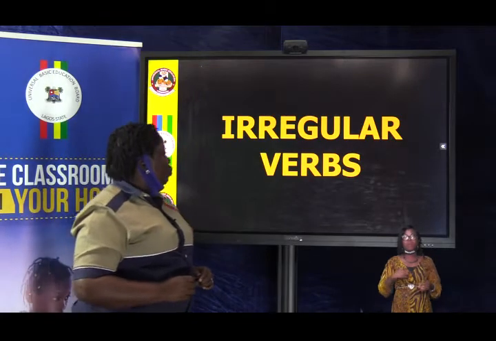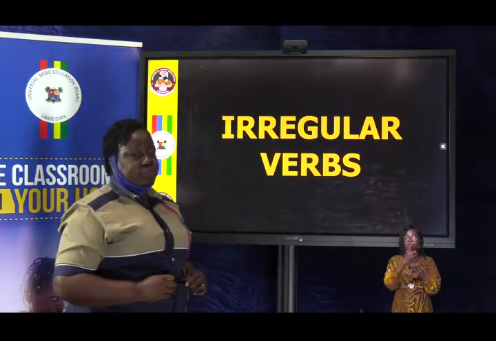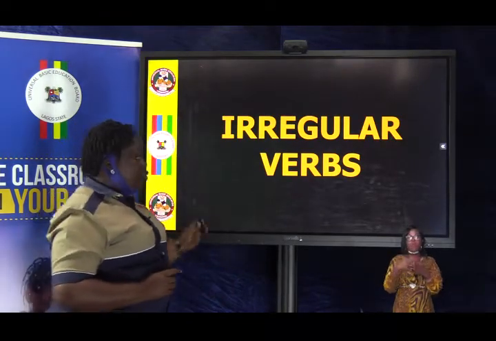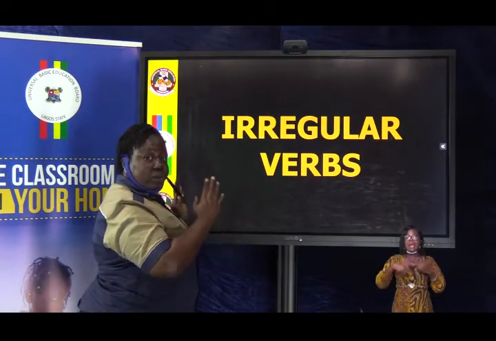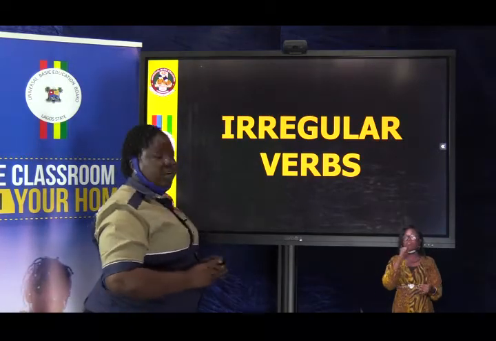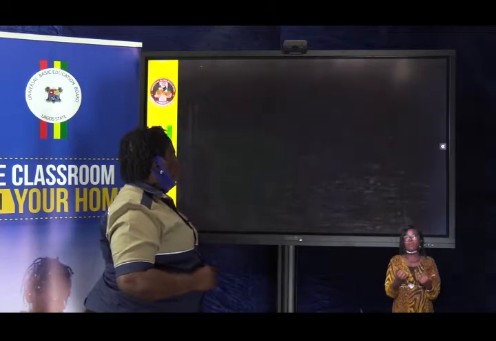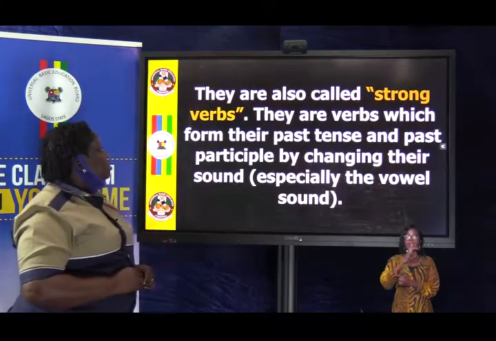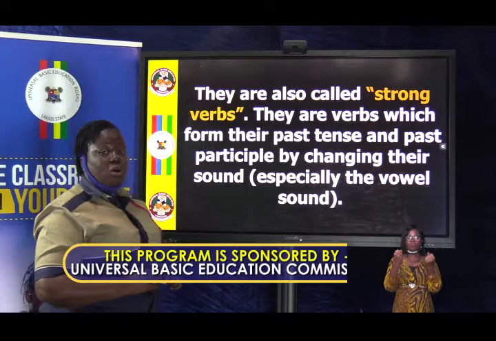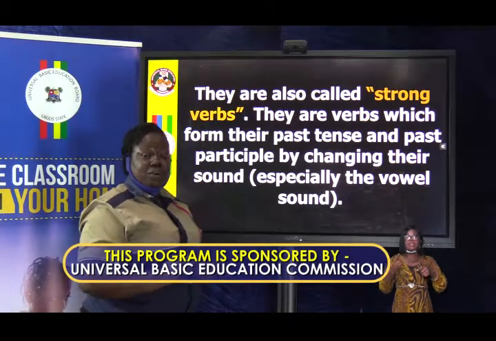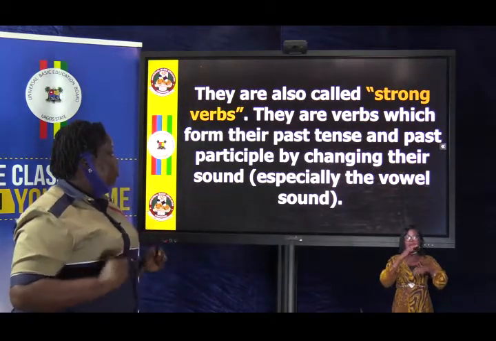Now, we're moving to irregular verbs. All we have discussed so far is about the regular verb. Now we are moving to the irregular verbs. They are called strong verbs. Irregular verbs are called strong verbs.